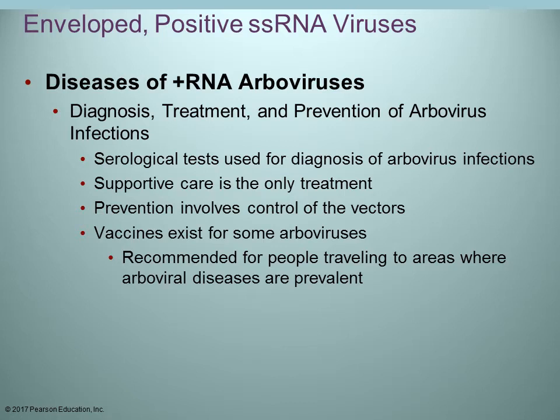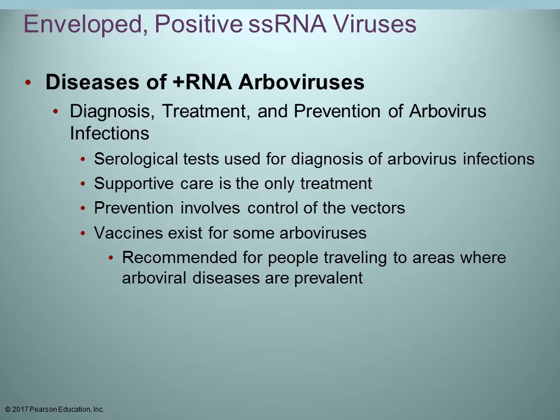For diagnosis, treatment, and prevention, you can use serological tests to try to diagnose. Usually the only treatment is going to be supportive care, treat the symptoms. Prevention, once again, control those vectors. If it's transmitted by a vector, if you can break that transmission line, then you won't have the outbreaks of the disease in humans.